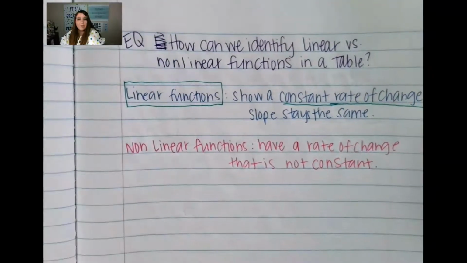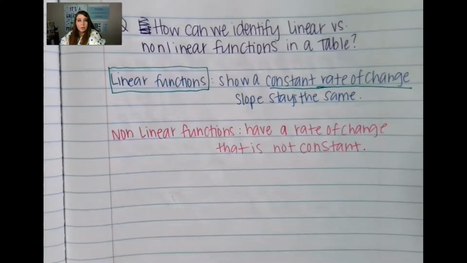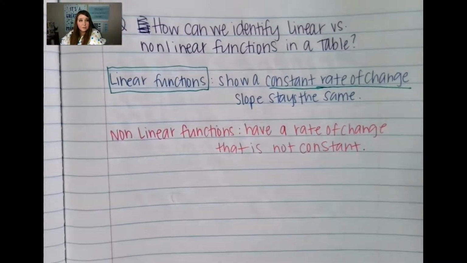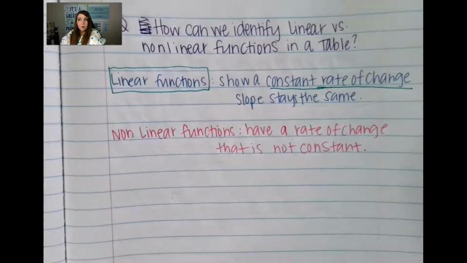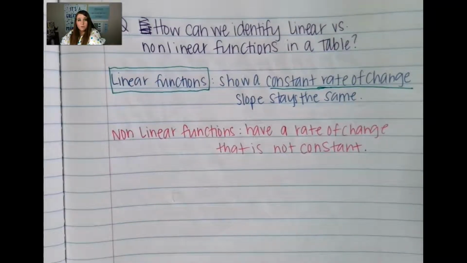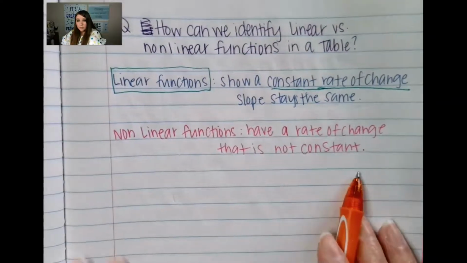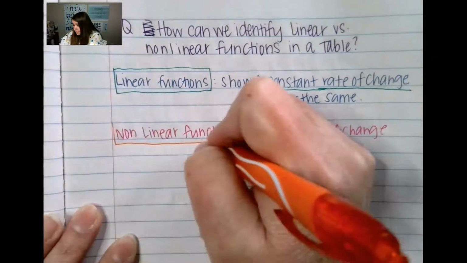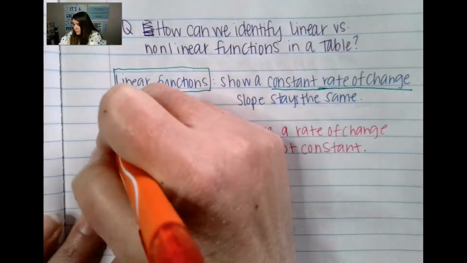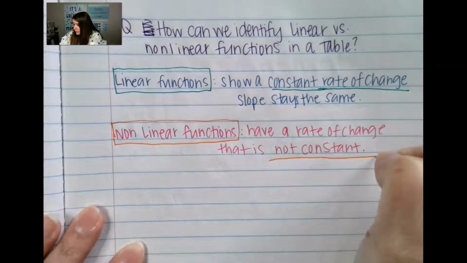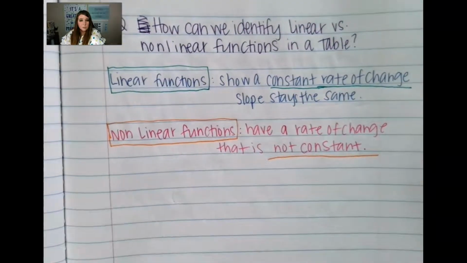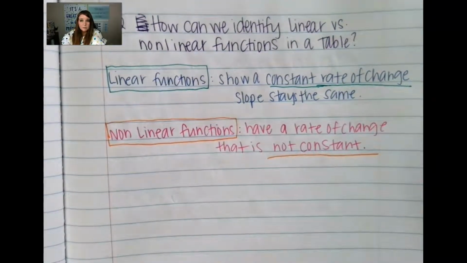So that means that the distance between the points could be all over the place. You could go up 1 over 2, up 3 over 4. You could even go down, like in a negative. It doesn't make a line. So it doesn't create a line or have the constant rate of change. So the slope is different when we have something that is non-linear. Okay, so the slope is not constant.